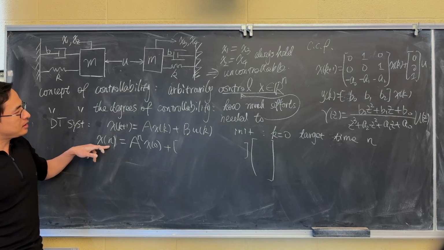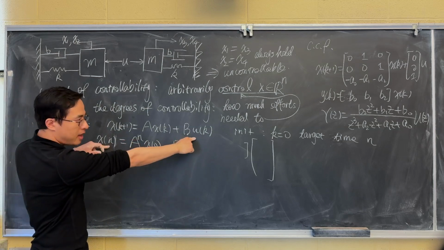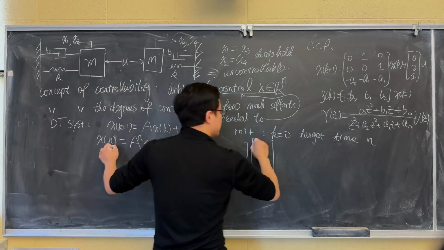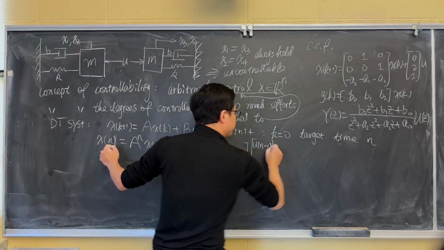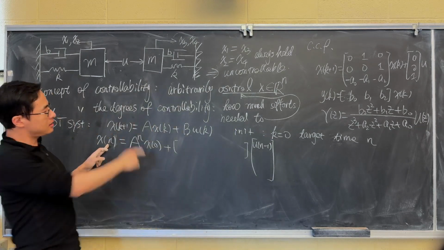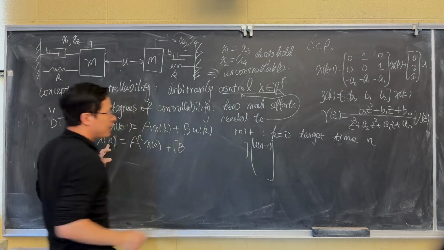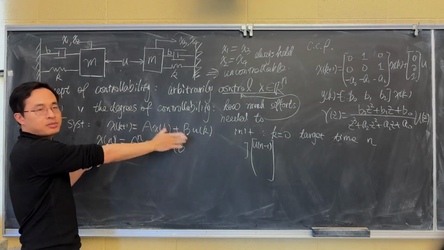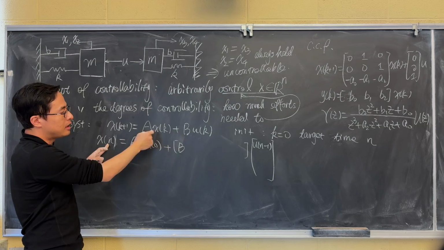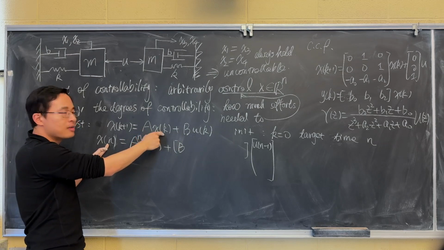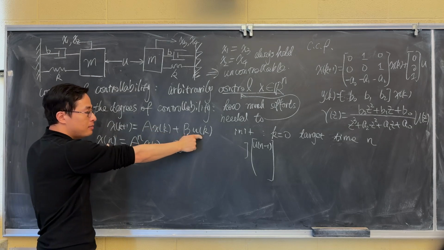Xn is going to be dependent on un minus 1, so I'm going to put un minus 1 here. So xn is going to be B times un minus 1, and then you substitute, do the iteration, how xn relates to xn minus 1 and un minus 2.